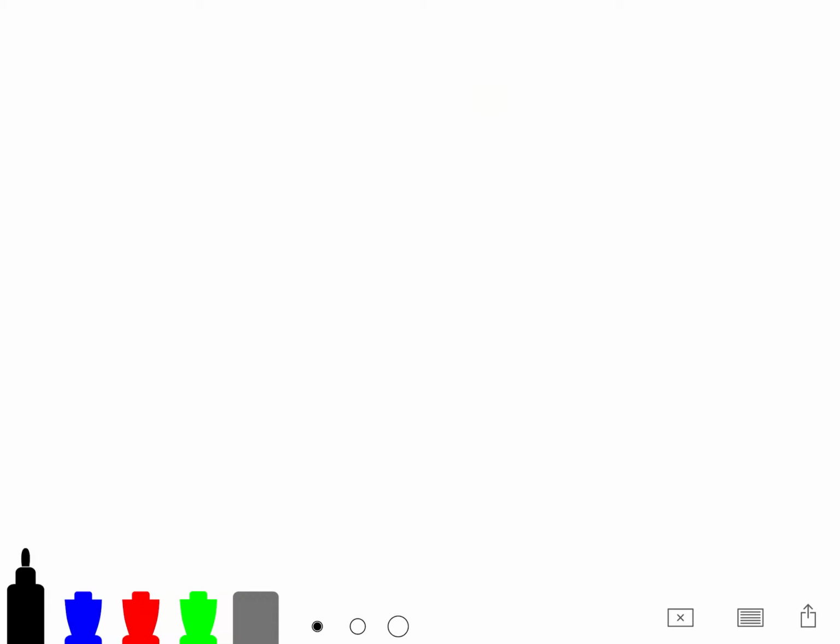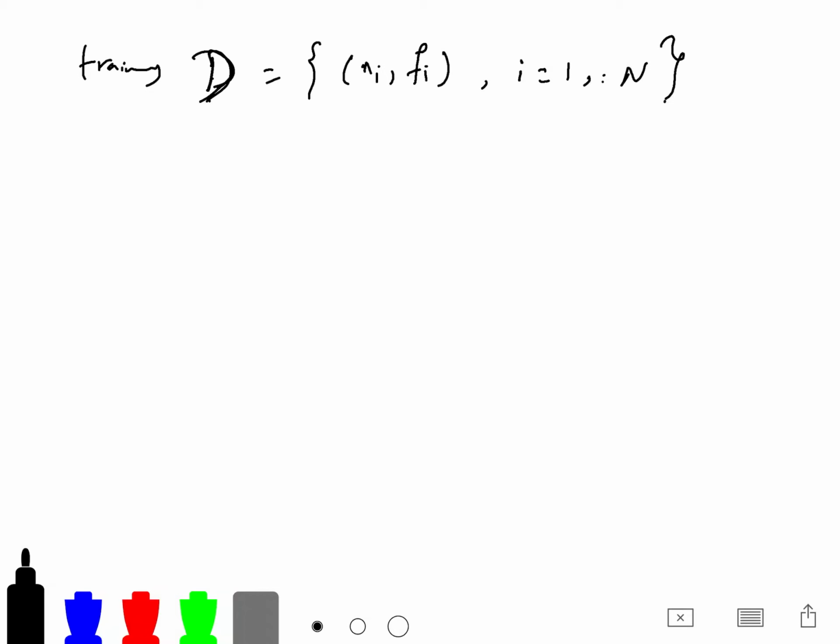Alright, so now we are ready to talk about prediction using noise-free observations. So assume that we have a training set D, which is just x_i and f_i, and we have n data points.